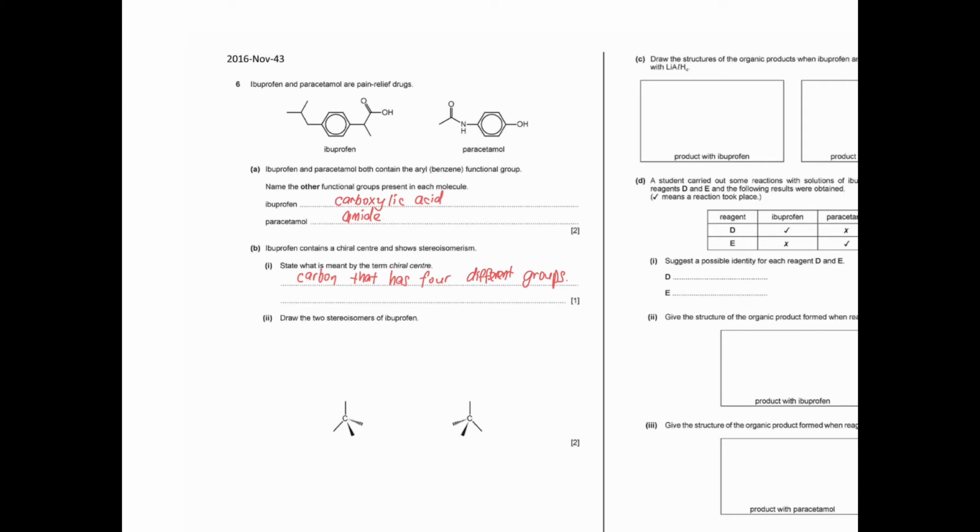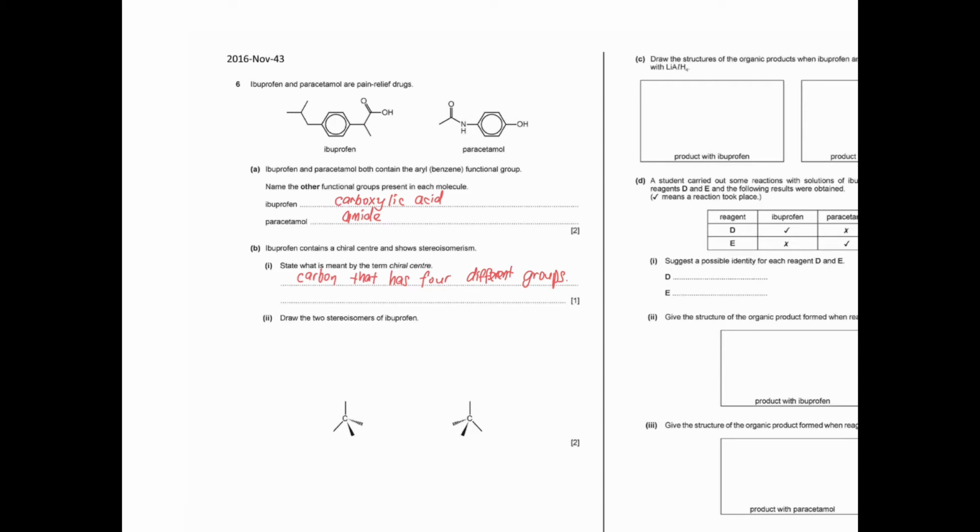Draw the 2 stereoisomers of ibuprofen. So of course, we draw out ibuprofen's mirror images. First of all, we need to find out where the chiral center is. If you can see, it is actually this particular carbon.